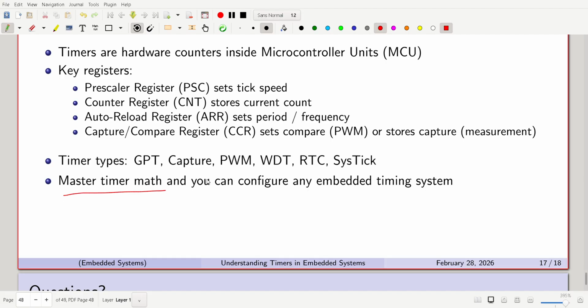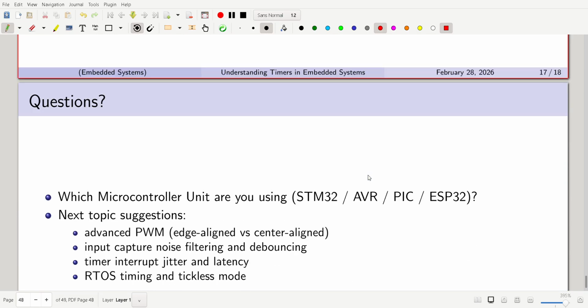Master the timer math, and we can configure any timer system based on our application.